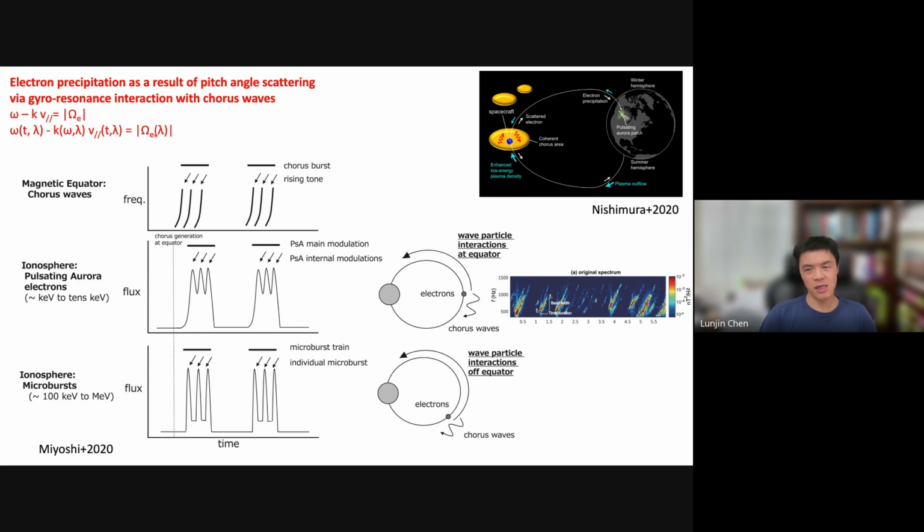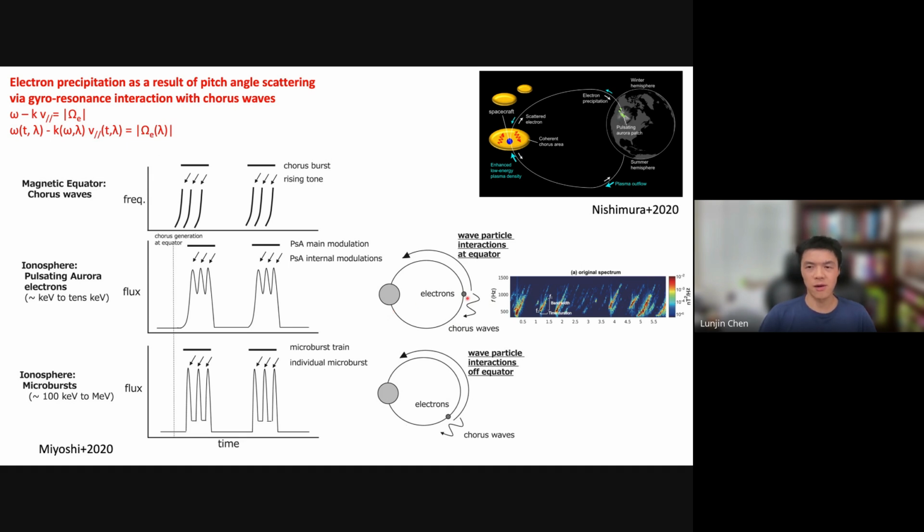So the chorus waves are believed to be excited at the equator, and when they are excited there, they resonate with electrons at relatively low energy, like a few keV to 10 keV, scatter the electrons into the loss cone, and lead to precipitation.